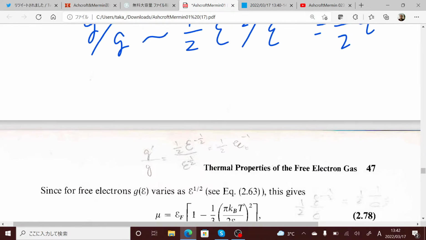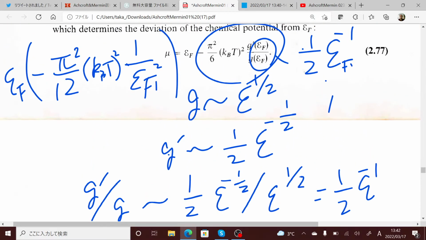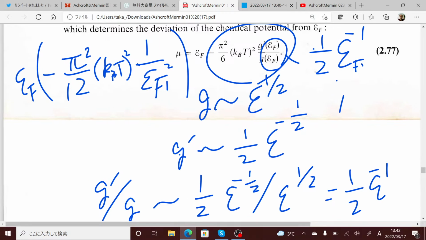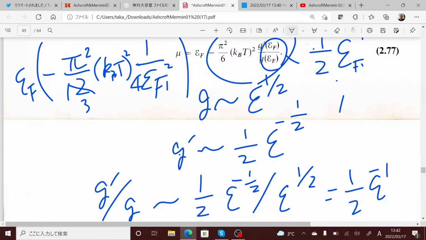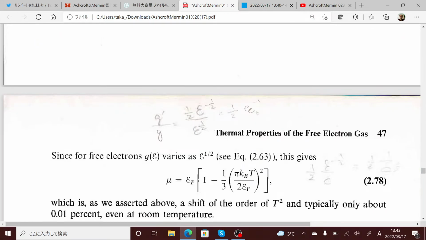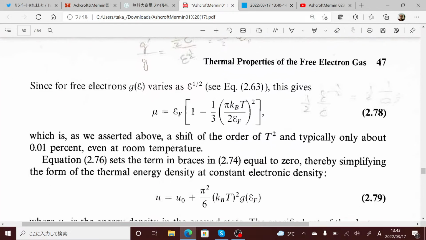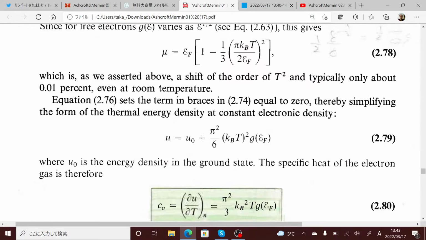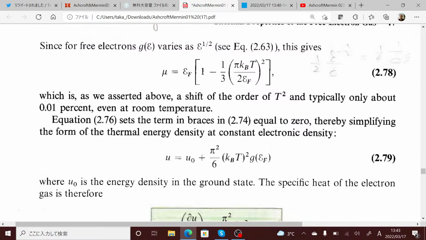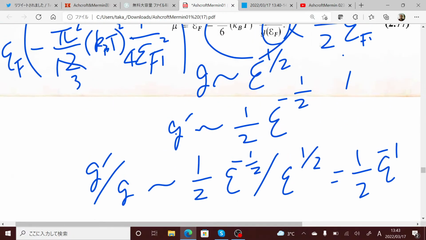Then we put 2 inside, 3, we put 4 here, and we also put pi inside: pi kBT divided by 2 epsilon F, squared. Which I already read: equation 276 sets the term embraced in 274 equal to 0.